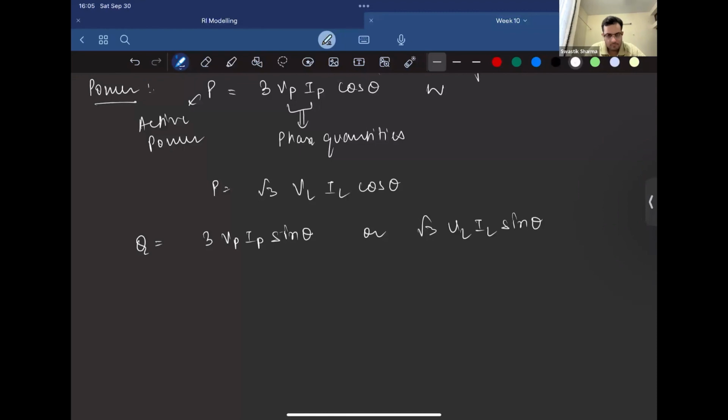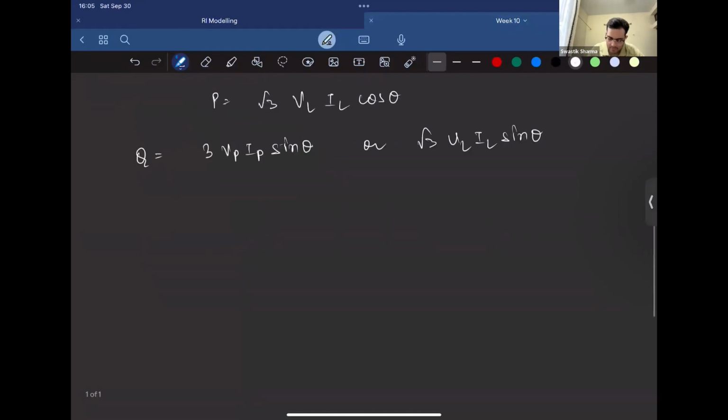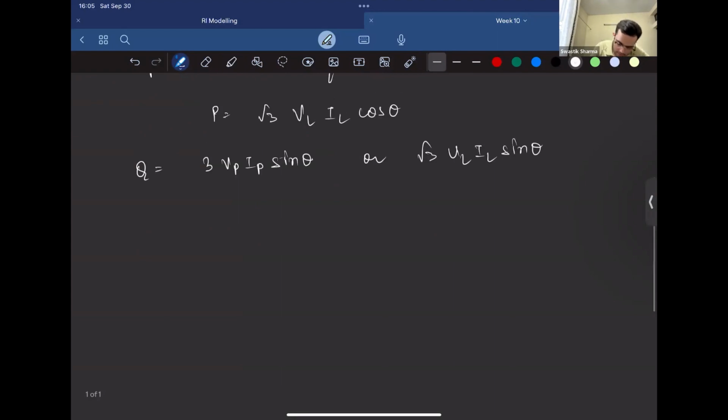That's how we denote the power, and this is reactive power. It's given in VARs, right? There's one more quantity called apparent power. It is nothing but P plus jQ.